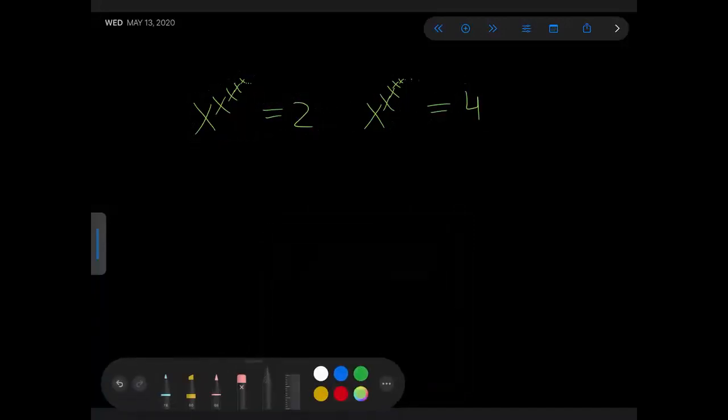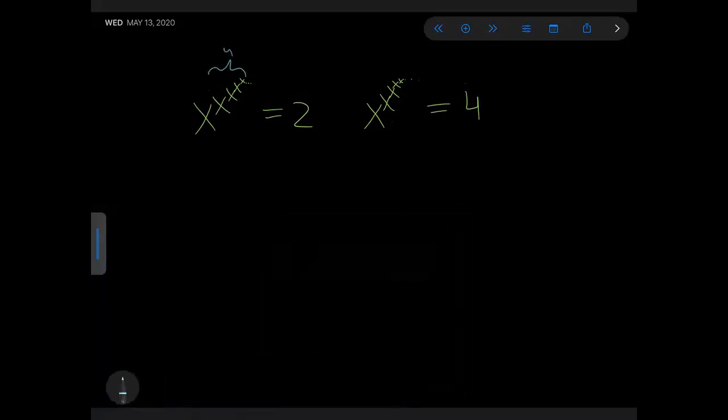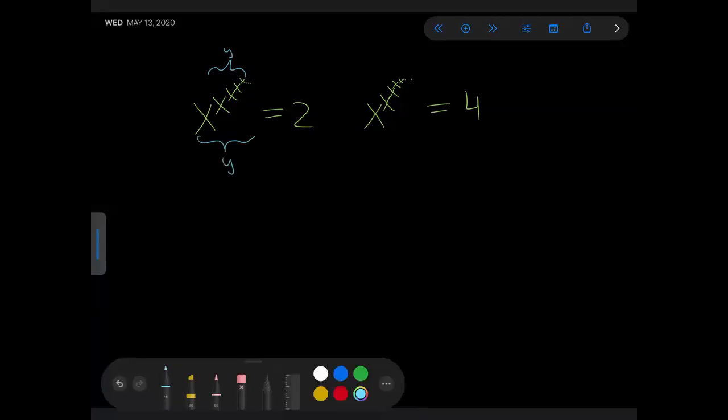So, you know the pattern. When you see a common pattern in a problem, substitute for it. So let's just set this equal to y, right? So now you have, and you also know that this entire thing is equal to y.